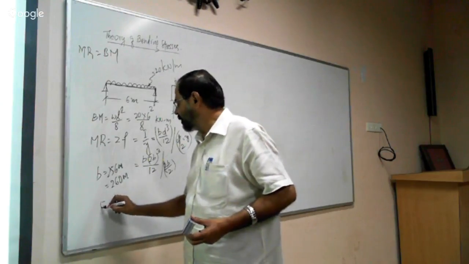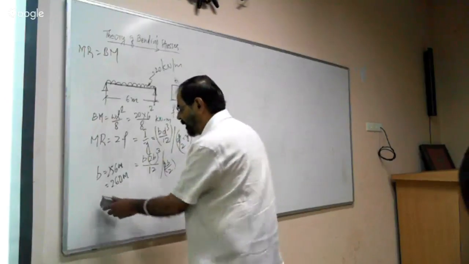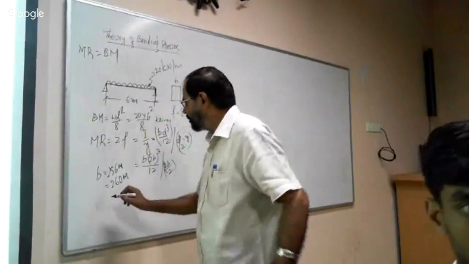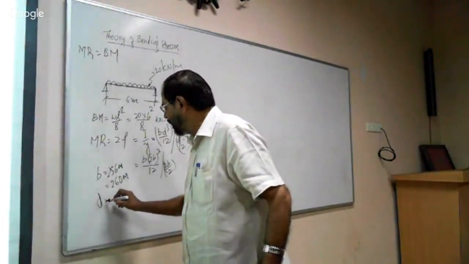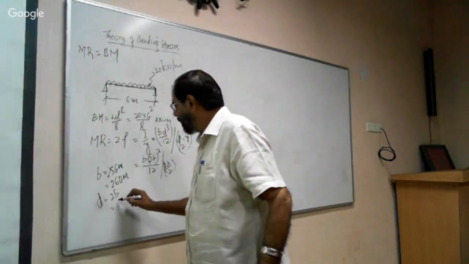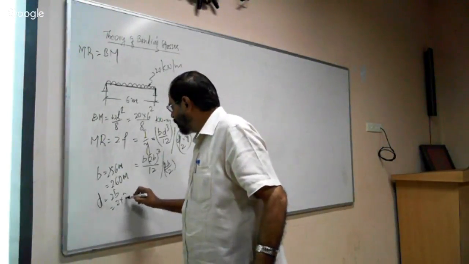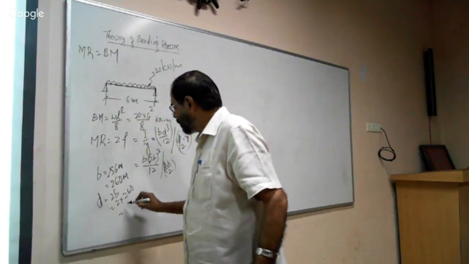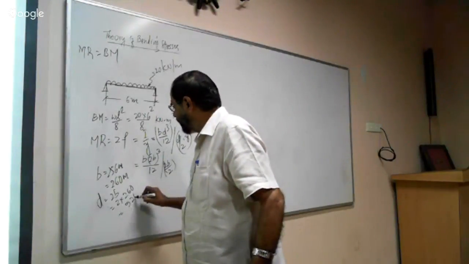And D, the depth of the beam, is equal to 2B, and therefore it is 2 into 260 is equal to 520 millimeter.